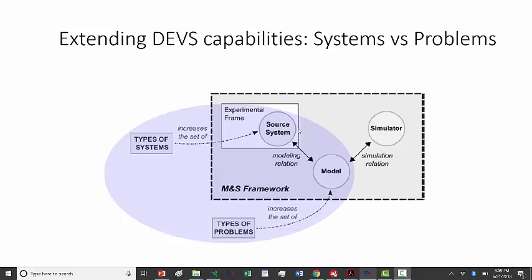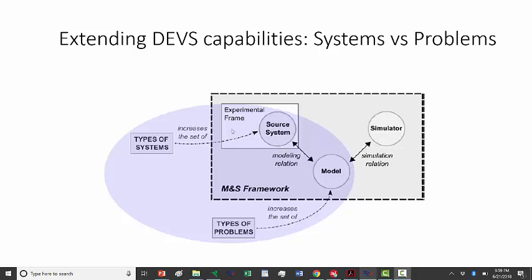So our framework, which has been expounded in other publications, talks about a source system, model, and simulator, and distinguishes those three entities as well as relations between them.